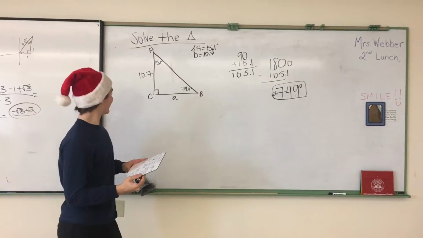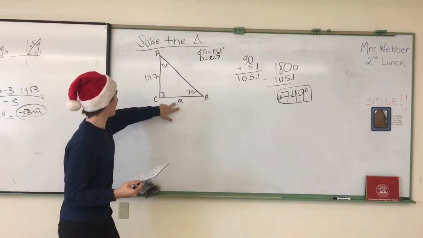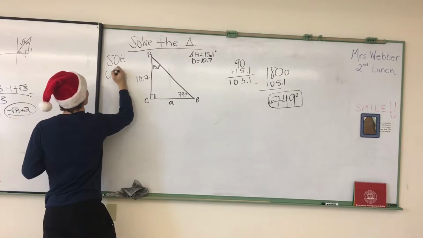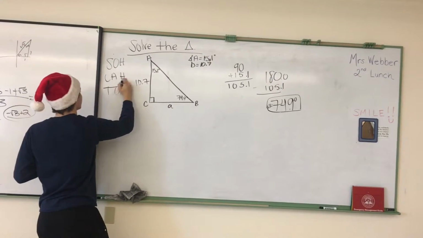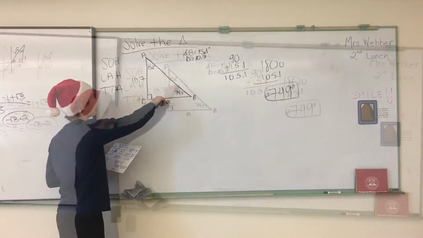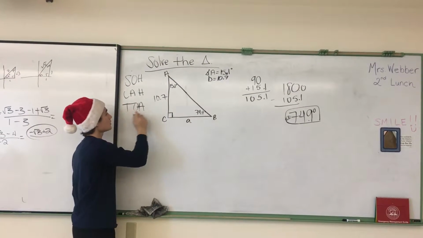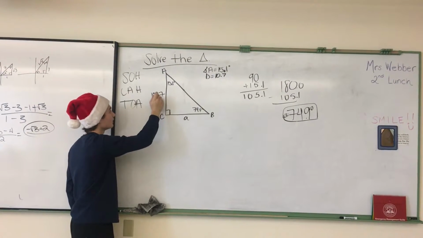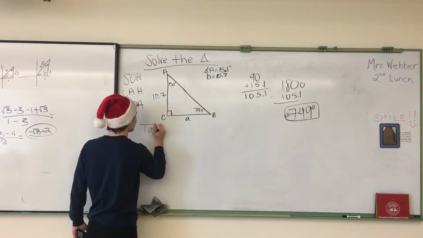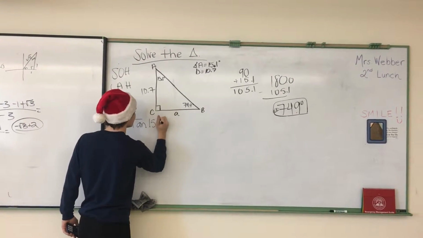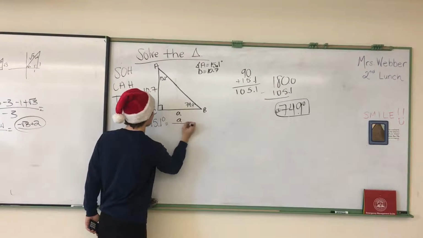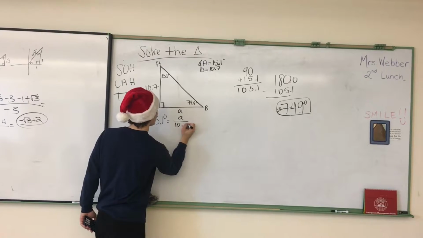Now we're going to solve for side A, and we're going to get our SOHCAHTOA out. We're looking for the side opposite the angle. Take the tangent, because it uses the opposite and the adjacent side. So tangent of 15.1 degrees equals A over 10.7.